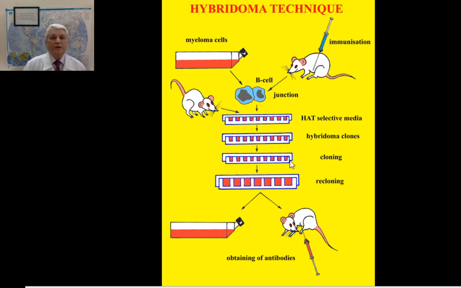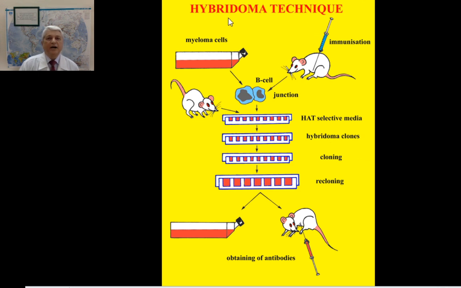Finally, we can show that in each test tube there will be not more than one cell. Then we wait for the growth of these cells and do this procedure a second time, recloning, to be sure that in each test tube we have only one clone of hybridoma cells.